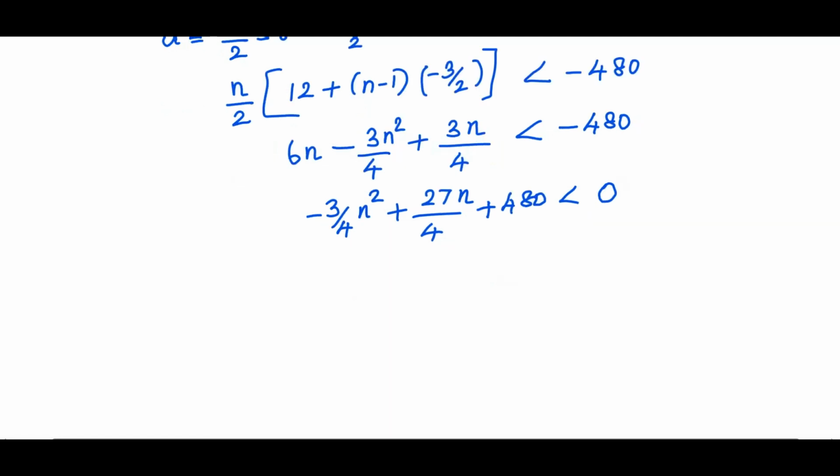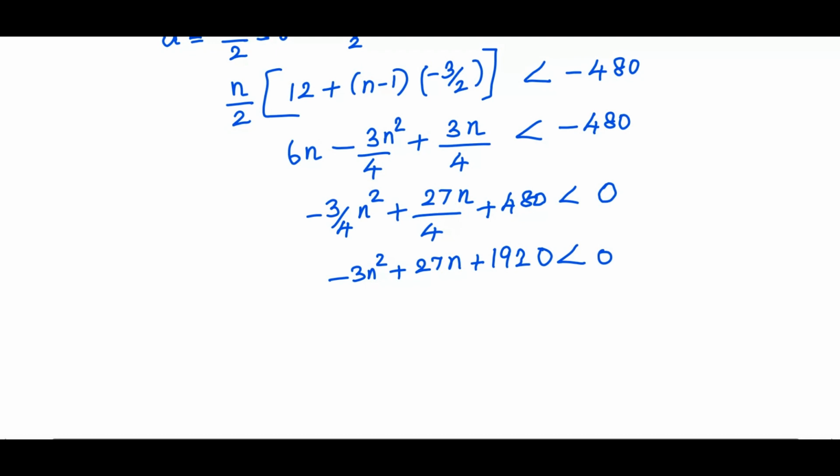So this can be written as minus 3n squared plus 27n plus 1920 less than 0.